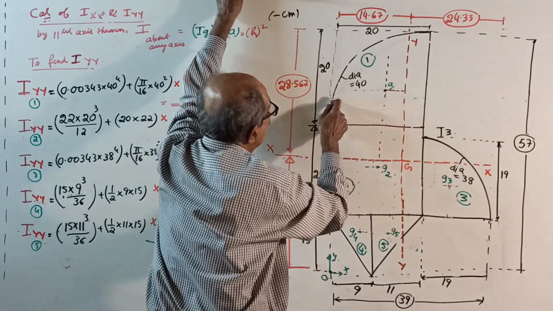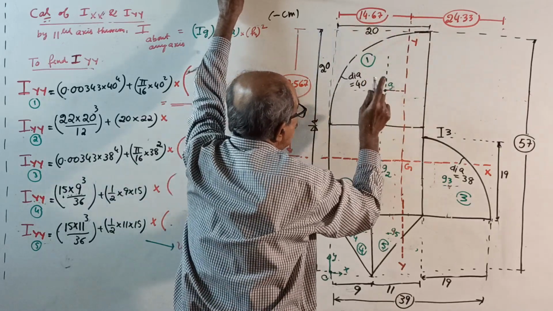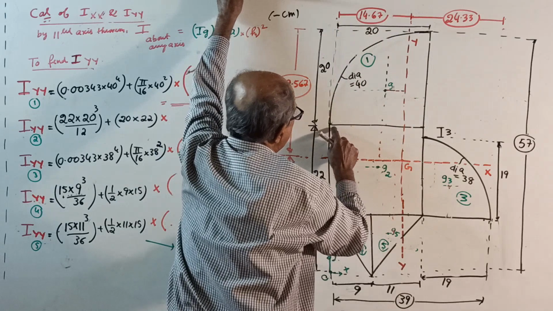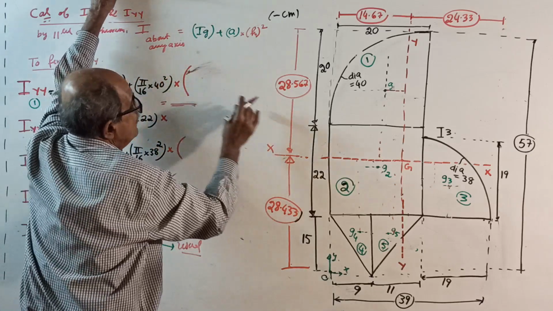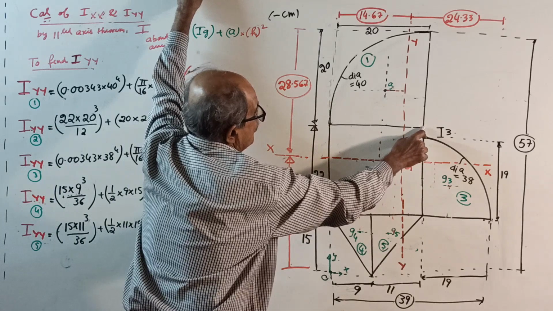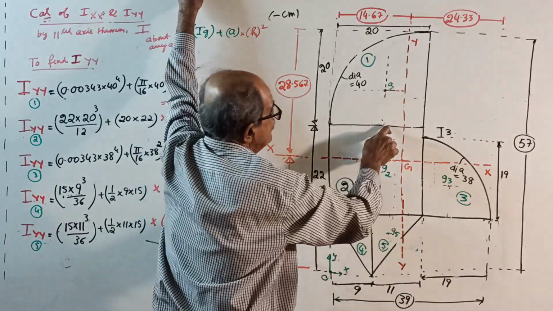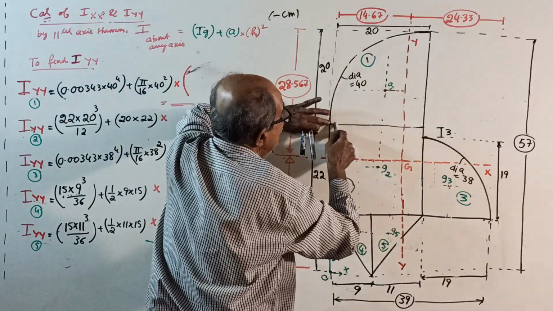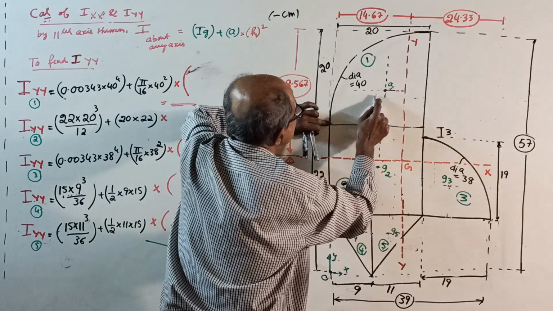This distance, no formula. So this distance minus this distance. So what you do is, first you write 20. From here to here is 20. From 20, you subtract this distance. From the total 20, subtract this distance, you will get this distance.